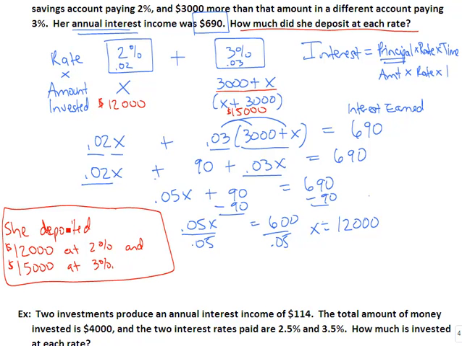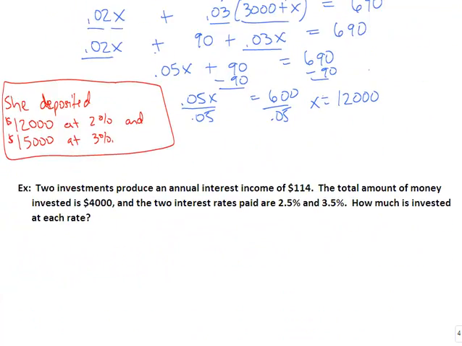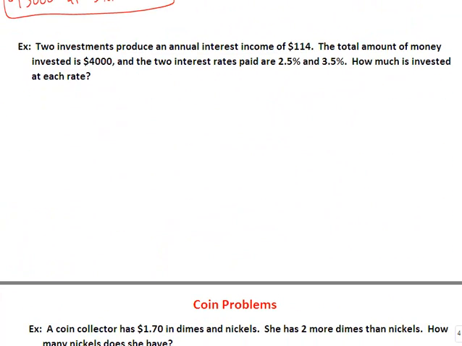Okay? Let's try another example using interest rates. So in this example, we have two investments again that produce an annual interest income of $114. Right away, that's the number that's going to go on the right side of the equation. That's your interest earned.